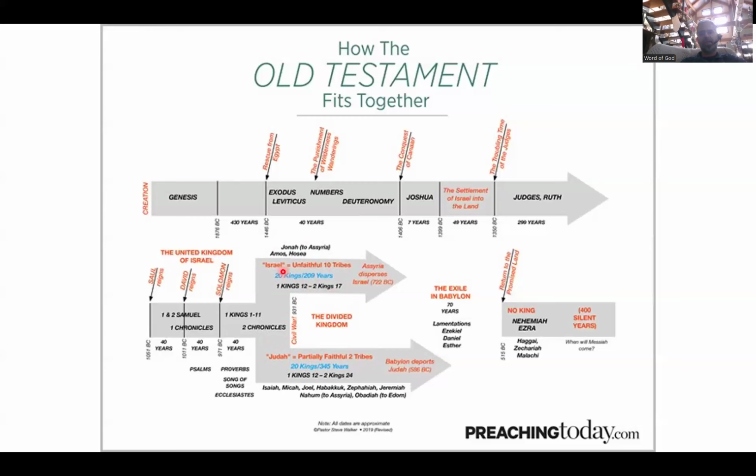At the same time, there are prophets, Amos and Hosea, that are prophets to Israel specifically. And Jonah is sort of from that northern tribe, but he's actually prophesying to Assyria, to Nineveh, is where he goes out, right? But the northern tribes meet their end when Assyria comes in and wrecks the place, right?